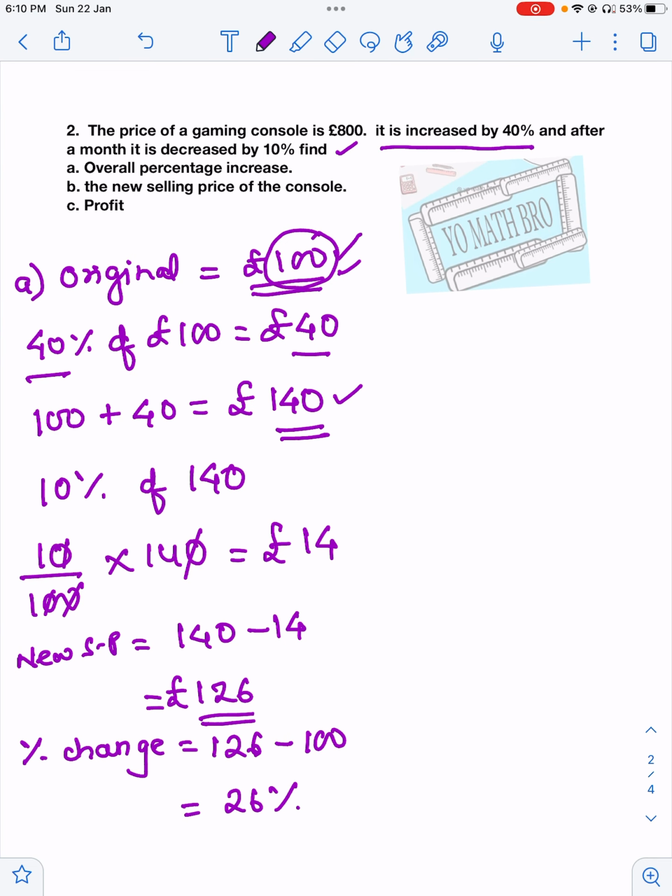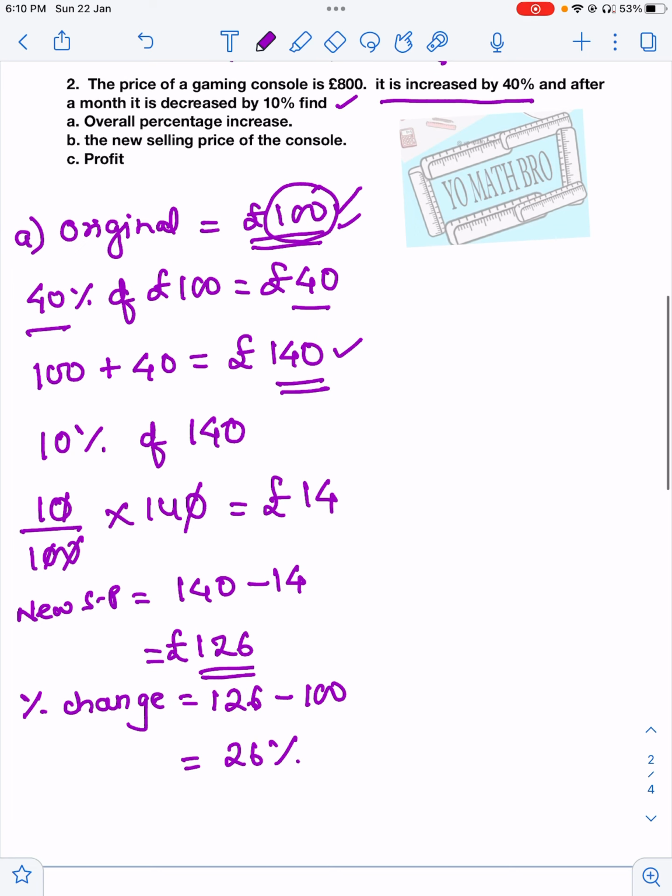Remember this golden rule: increase by 40 then decrease by 10 does not give you 30, because here the price changes. That is the reason students sometimes get confused, thinking it was a straight question of an increase and decrease. But here, look at this step. Here it was 100 which was increased by 40%, but when it was decreased, the price was 140.